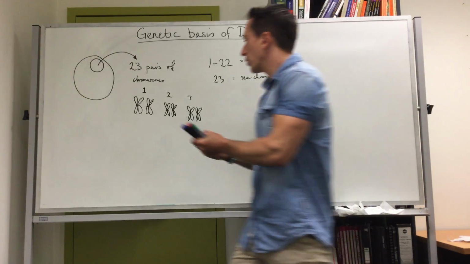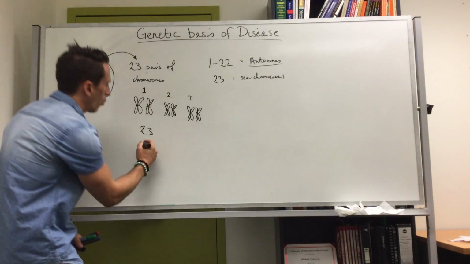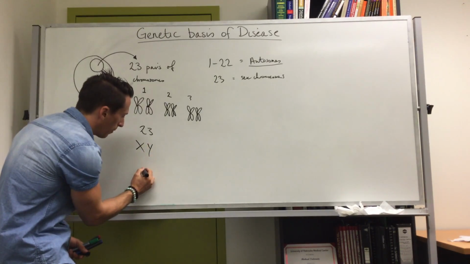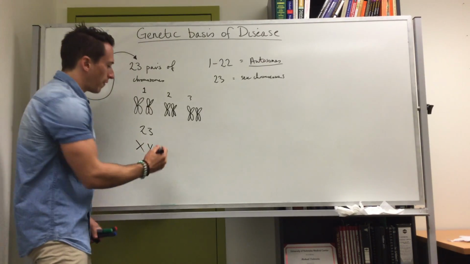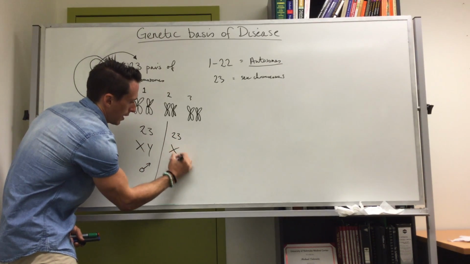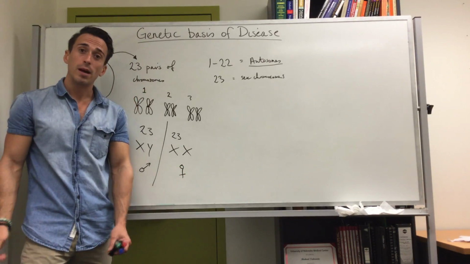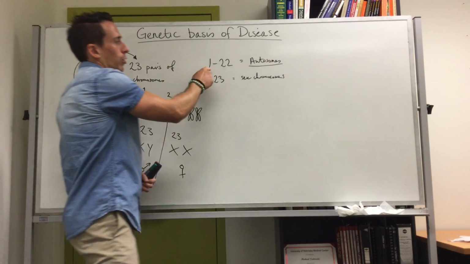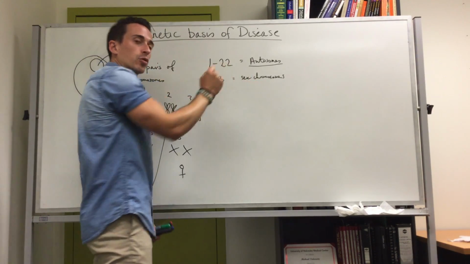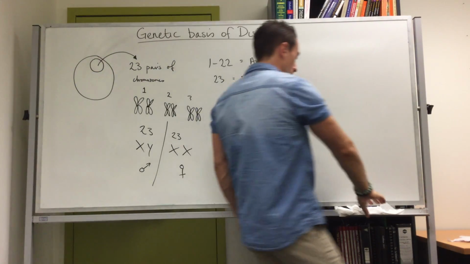For example, if we have a look at that 23rd pair, if one is an X and one is a Y, that tells us that genetically we are male. If we find that for the 23rd chromosome one is X and the other one is X, that means genetically we're female. So pair 1 to pair 22 are called our autosomes, and our 23rd pair is known as our sex chromosomes, and that defines our genetic sex, whether we're male or female.